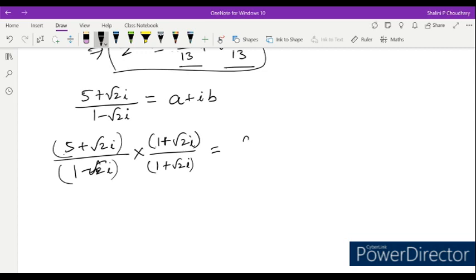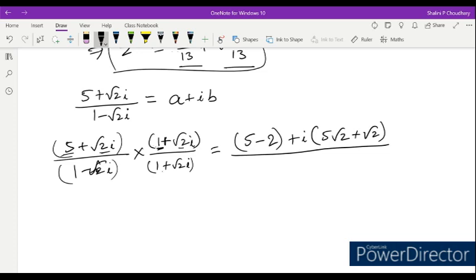1 into 5 will be, okay, two complex numbers when we are multiplying, what value will we get? 5 and this minus 2. Okay, this will be the real part and the imaginary part will be when we are multiplying this one with this and this one with this. So 5 root 2 plus 1 root 2, मतलब root 2, divided by 1 का square minus, and minus minus plus हो जाएगा, and plus square root of 2 का square.